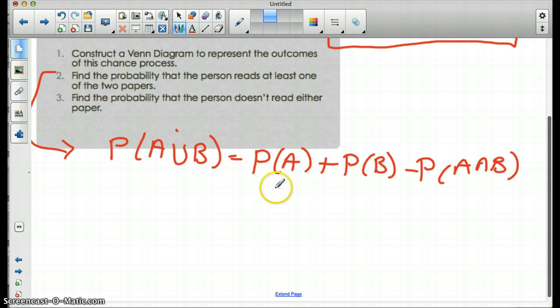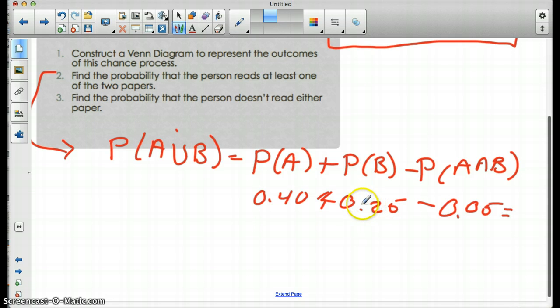Okay, so the probability of A is 0.40. The probability of B was 0.25. And the probability that it was both was 0.05.